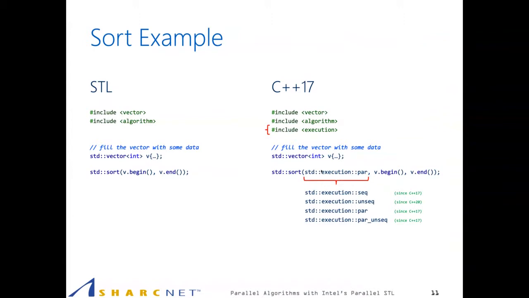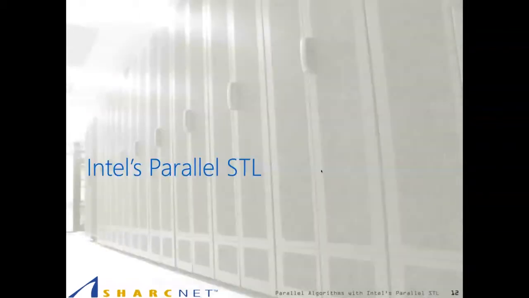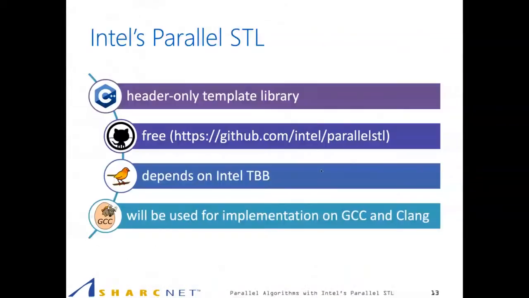It's also possible to use both of them, using parallel and unsequenced policies, if the compiler can do that. But as I said, it's just a suggestion: you say that you would like to do it like this, but it's the compiler's decision at the end.